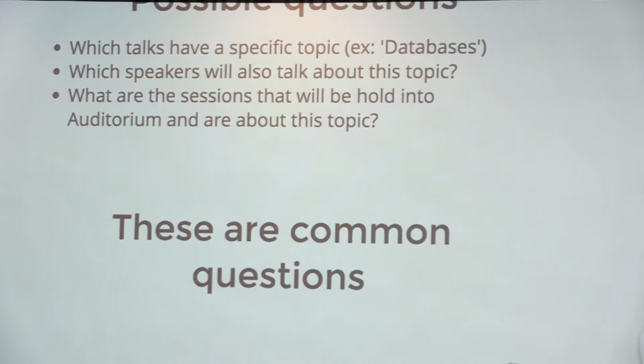How do you make a query to say which speakers will be talking about a specific topic? So, for example, I am talking about databases. The previous speaker, Brian, was also talking about data. So how can we make this query in Mongo? Can you picture that? It's not that complicated, right? We can find the tags and also find the speakers and match them and see if a certain speaker will be talking about a certain tag.